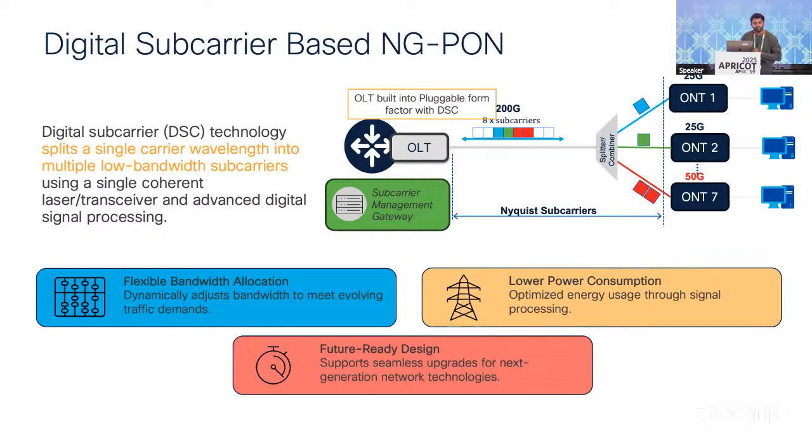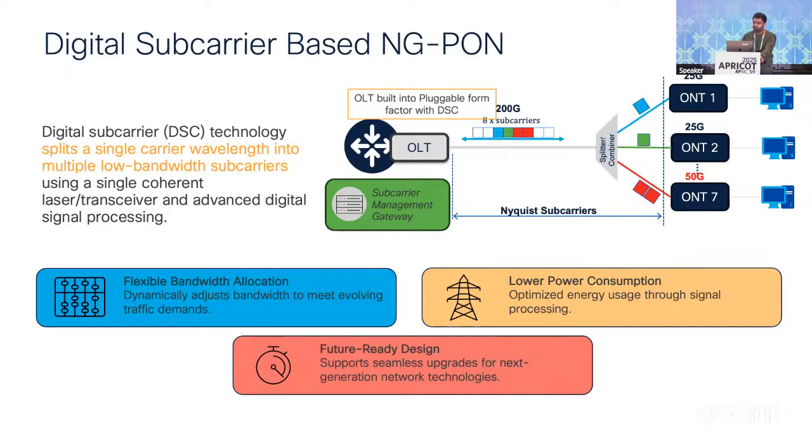What are the benefits out of it? You can have flexible bandwidth allocations, which you can perform for your customers. Secondly, if you're not using a specific subcarrier, then you can reduce the power requirements on your device. And then future-ready designs. If your customer plans to upgrade, or they want updated services or speeds on your network, you can have it because of this.